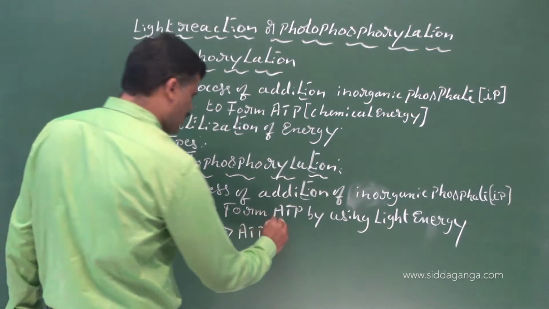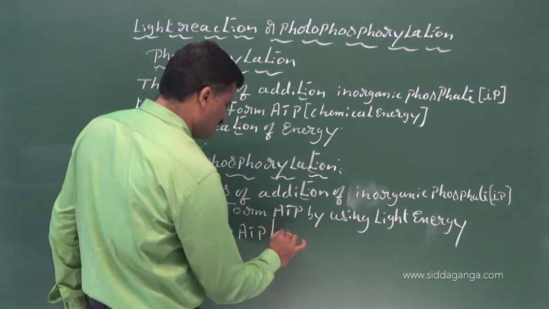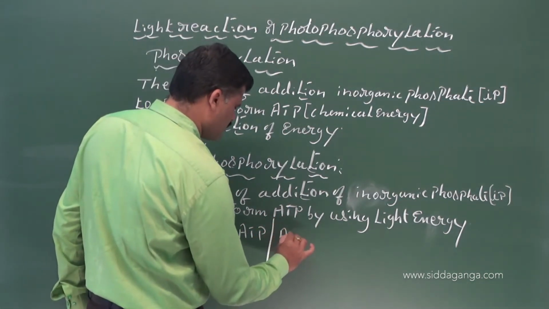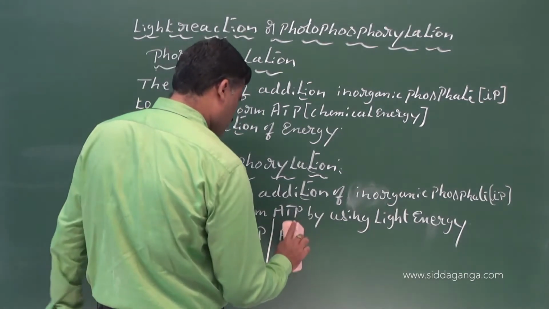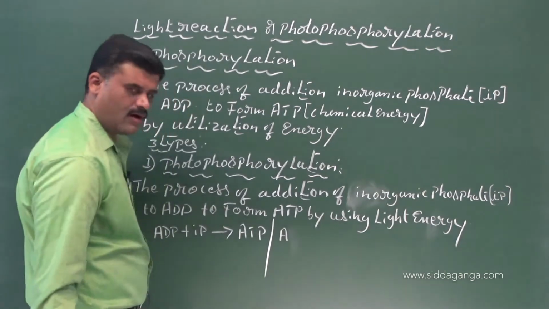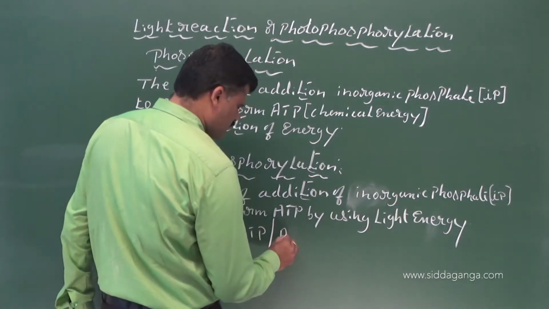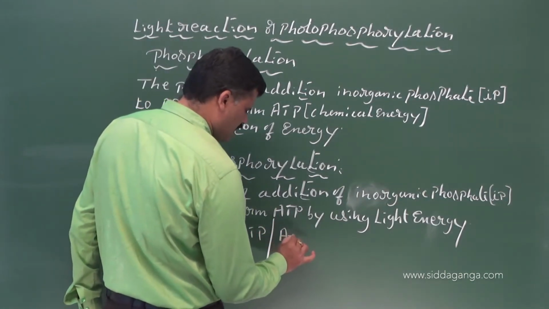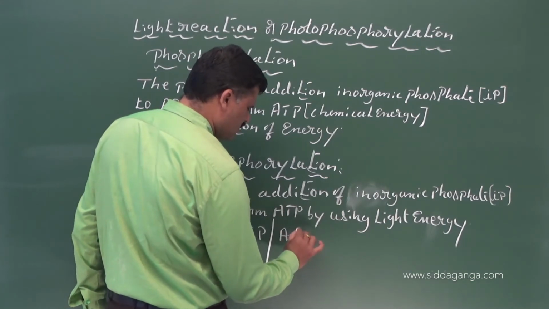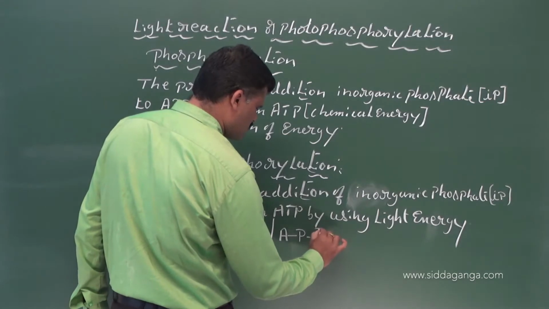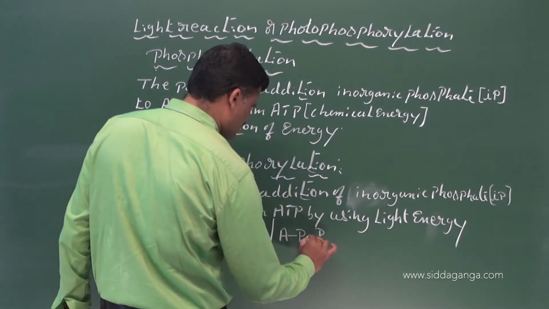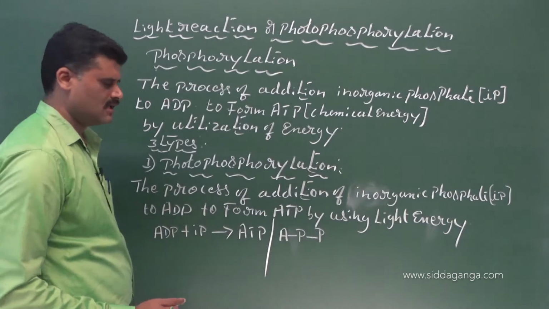It can also be written like this: ADP, adenosine diphosphate, where the nitrogen base adenine is attached to two phosphates by bonds.